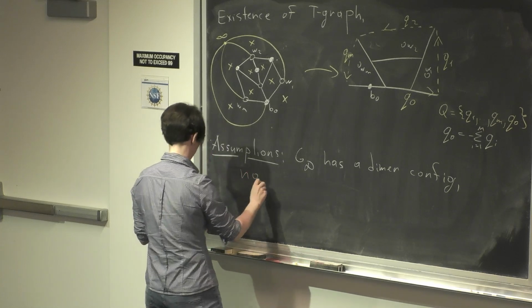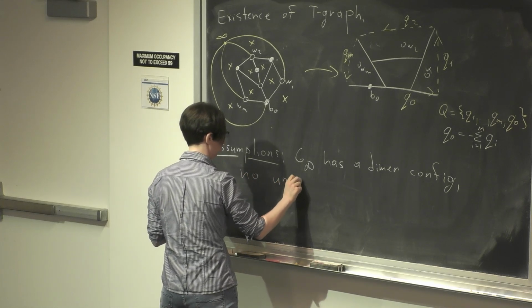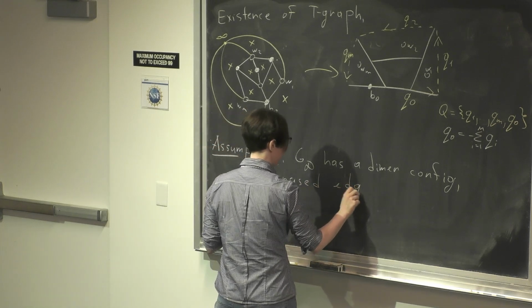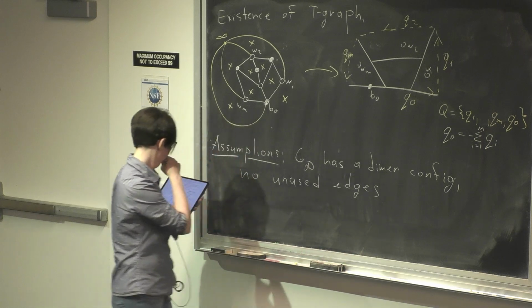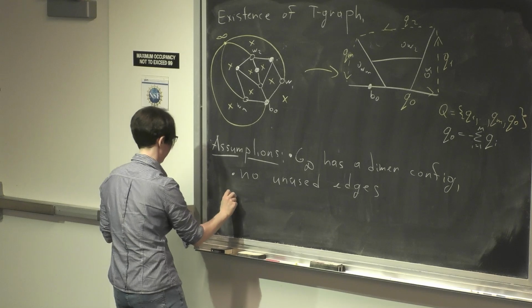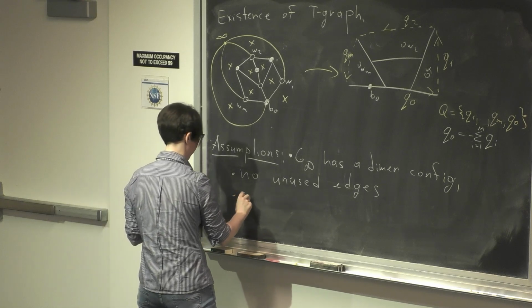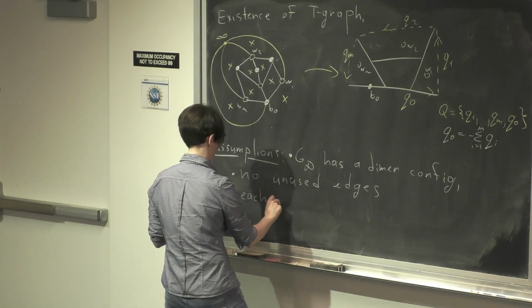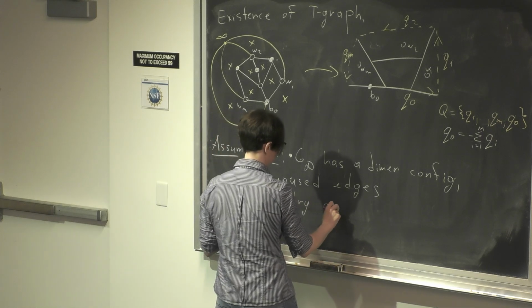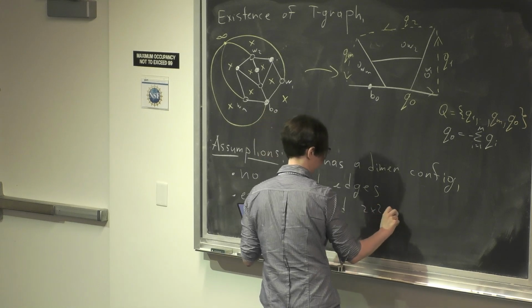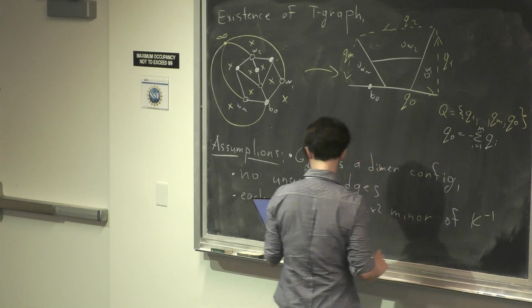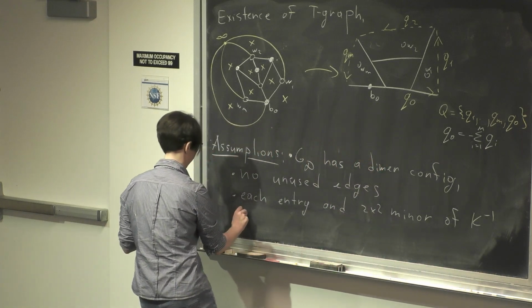So no unused edges. And I also ask that each entry and 2 by 2 minor of the inverse Kasteleyn matrix is non-zero.